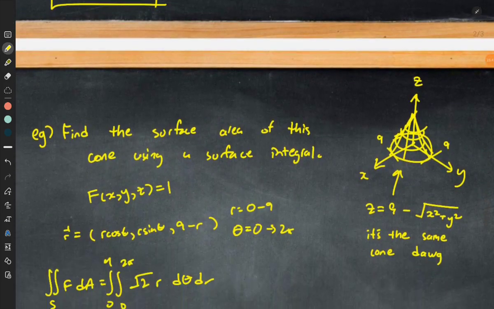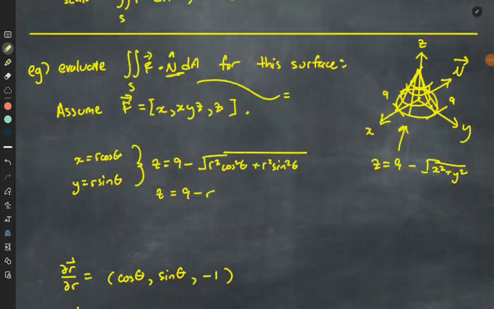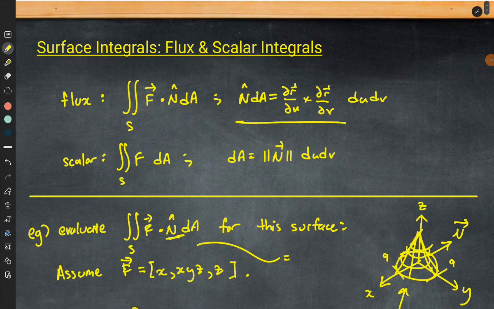Okay, that concludes today's video. As a summary, there are two types of surface integrals. The first one is a flux surface integral, and the second one is a scalar surface integral. You have to use the flux integral formula if your F field is a vector field.